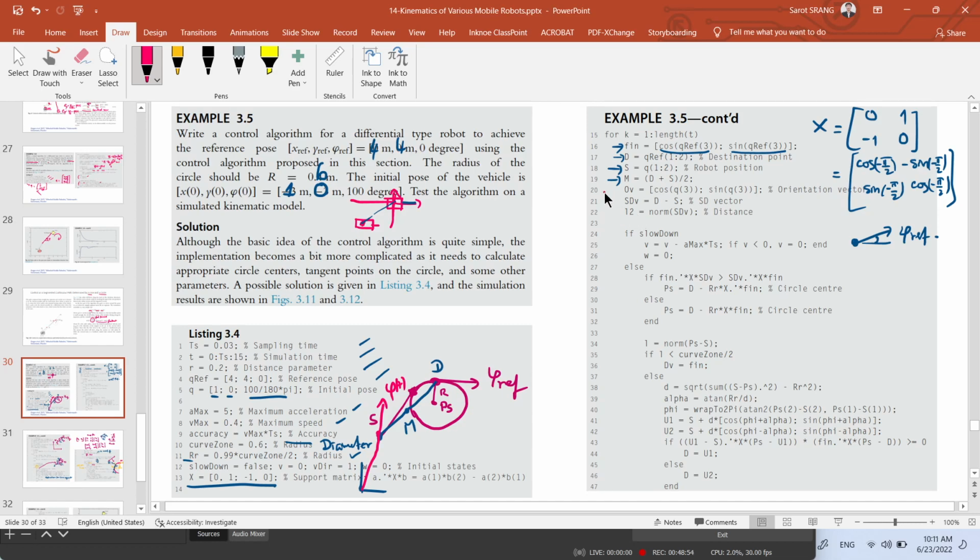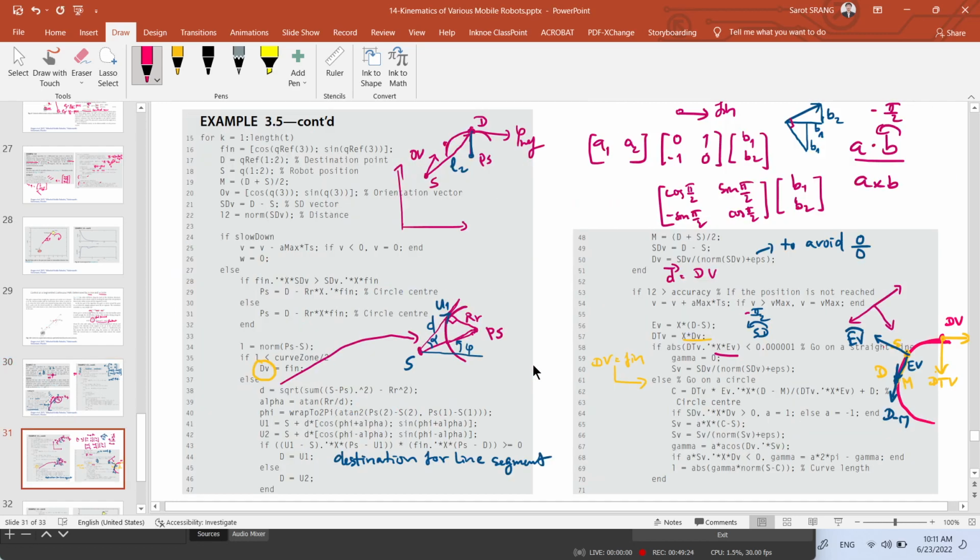Okay, so this one is phi of t. And the SD vector means the vector from S to D, from here to here. So the vector from S to D, right? From S to D.